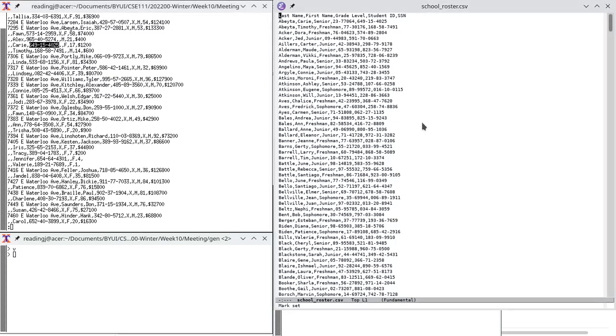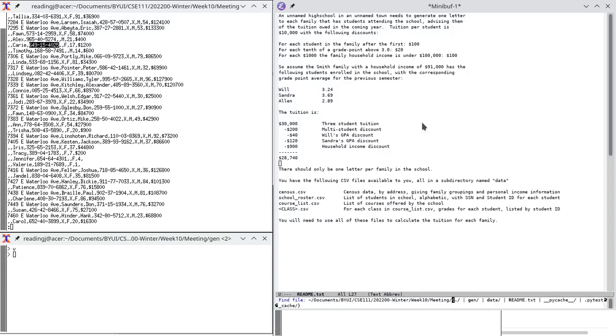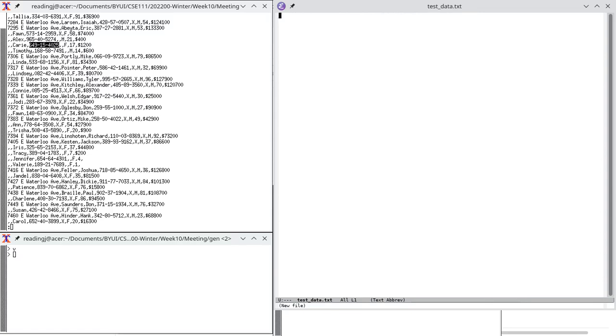In fact, as I think about it, maybe we'll just make it a text file for the moment.